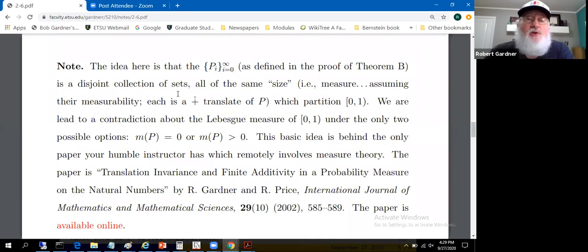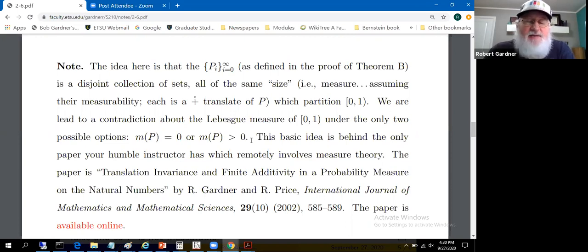But we've got a countable collection of sets, all the same size, which partitions the interval 0 to 1. We got a contradiction. It couldn't have measure of p equal to 0, or countable additivity would tell us the interval 0, 1 has measure 0. It doesn't, it has measure 1 because it's an interval. Couldn't have positive measure because then that would make the measure of the interval 0, 1 equal to infinity. That's how the contradiction arose.